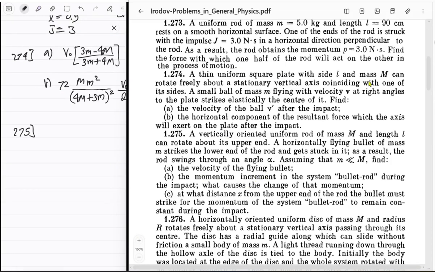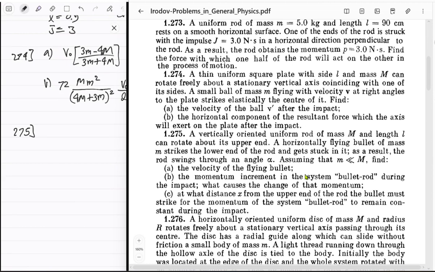First of all, just deal with the system. You want the velocity of the flying bullet and the momentum increment in the system bullet-rod during the impact. What causes the change of that momentum? What do you mean by increment?